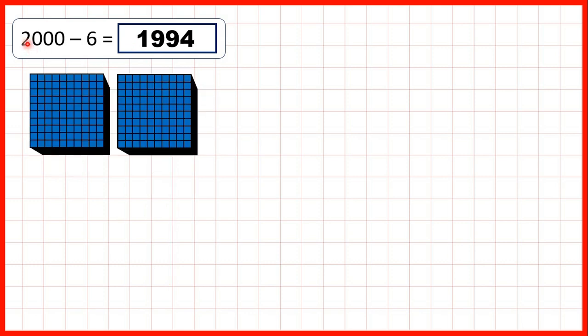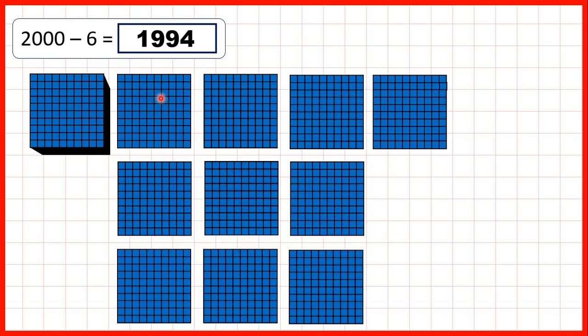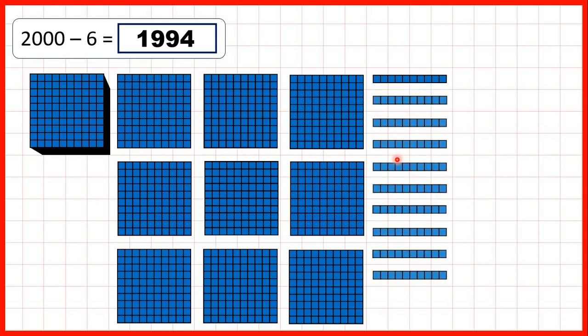Then we had 2,000 minus 6, so that's subtracting 6 1s, but here we don't have any 1s, and we don't have any 10s or hundreds either. So first, we can take one of our thousands and exchange it for 10 hundreds, then take one of our hundreds and exchange it for 10 tens, and then take one of our tens and exchange it for 10 ones.